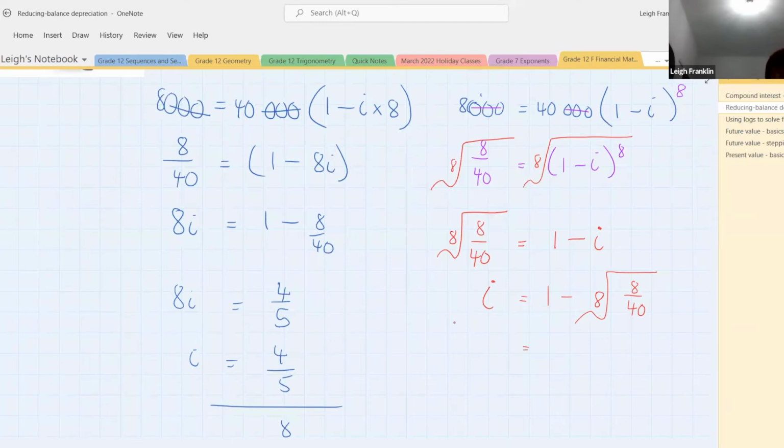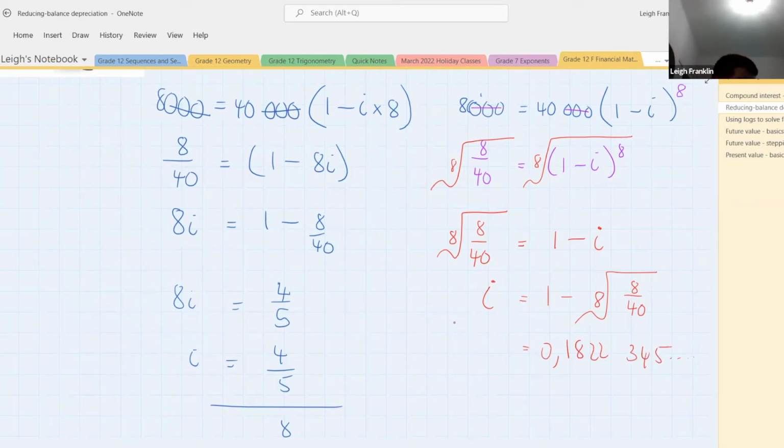I'll just write it out for you so that you can see what it was. And then we put 8/40, or we could also write that as 1/5 if we wanted to. Okay, so here we are getting i is equal to 0,1822 3, 4, 5, etc., etc.